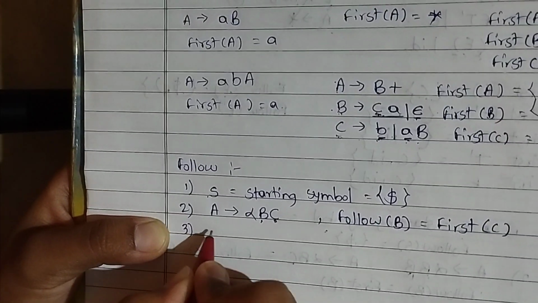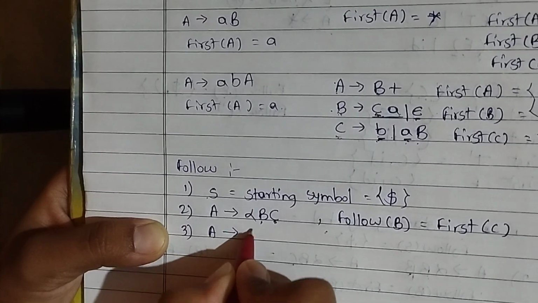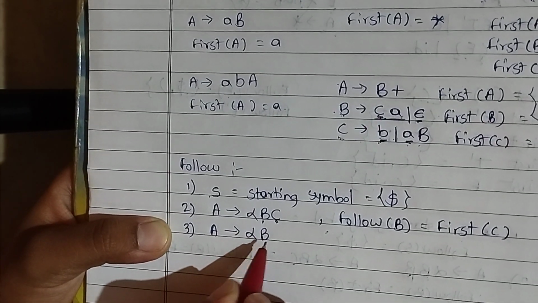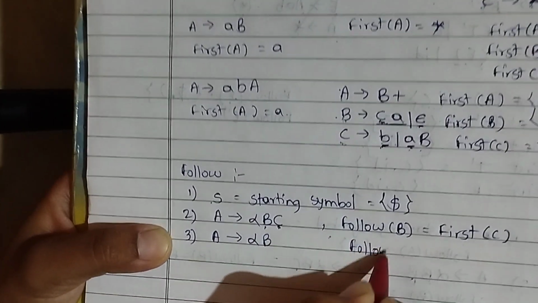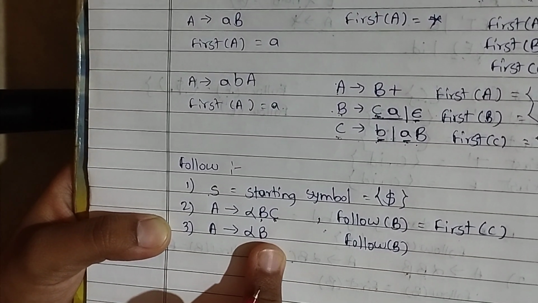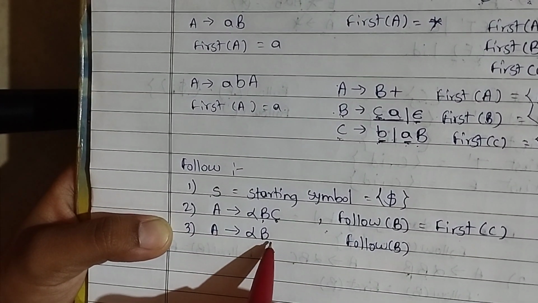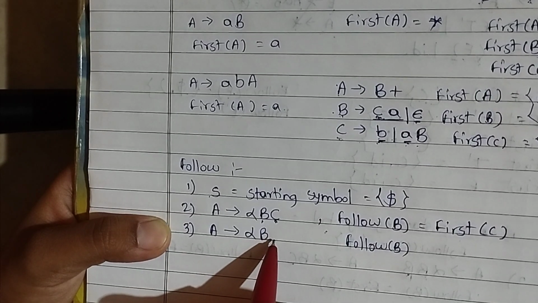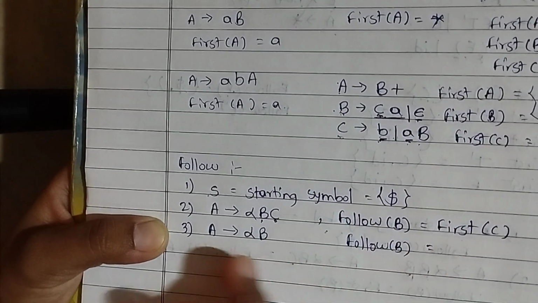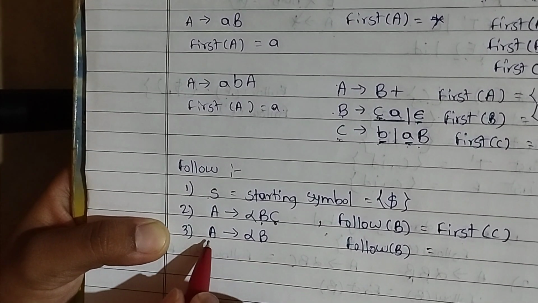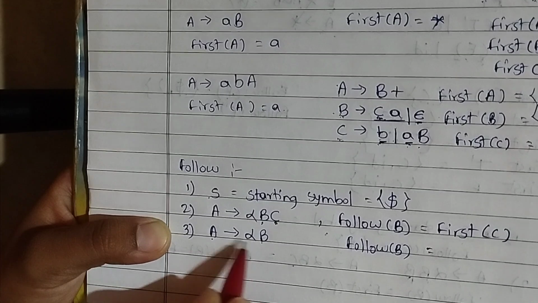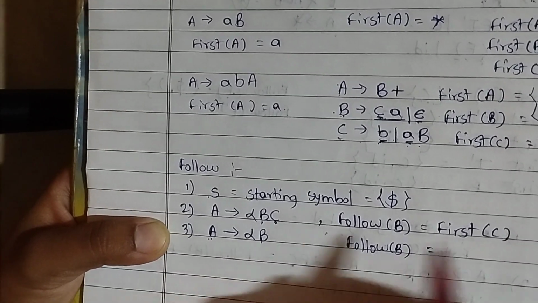Similarly, if A → αB, then again we want to find the follow of B. Now here B is followed by null, because nothing is present. Nothing present means null is present, and if any symbol is followed by null, then we find the follow of the non-terminal which derives that symbol.